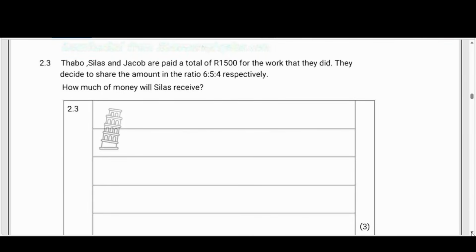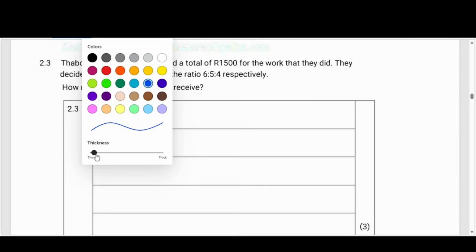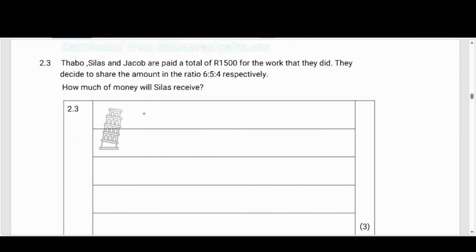2.3, Tabo, Silas, and Jacob are paid a total of 1,500 rand for the work that they did. They decide to share their amounts in the ratio 6 to 5 to 4 respectively. How much of the money will Silas receive? Okay, so let's just get this ratio down so we can see what we're working with. So it's Tabo, Silas, and Jacob.